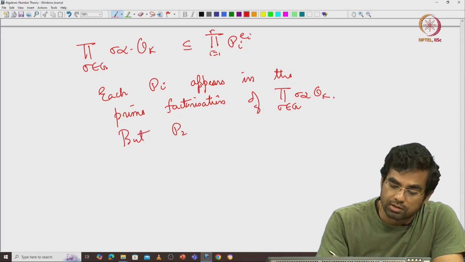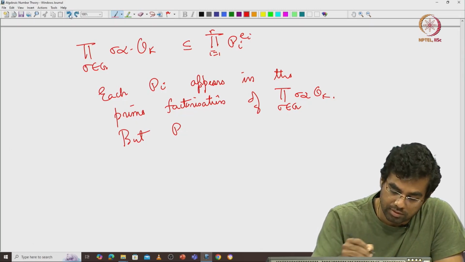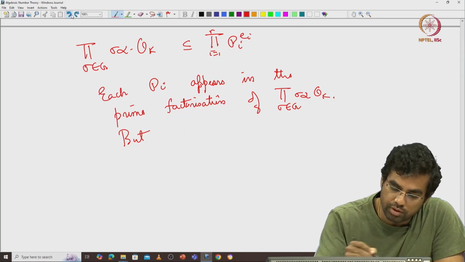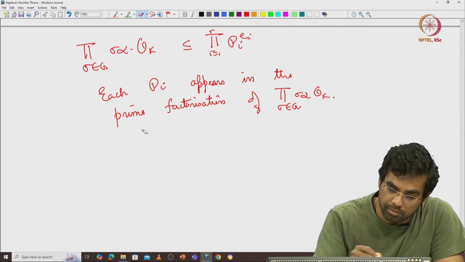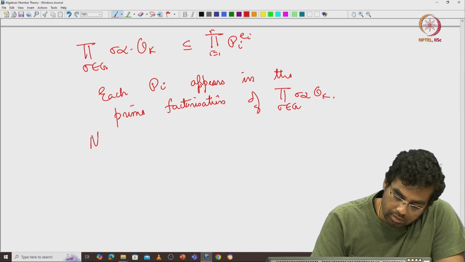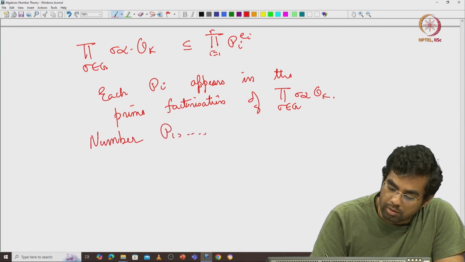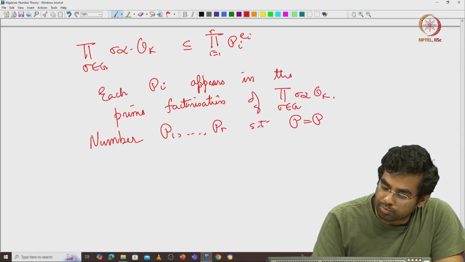We can number them, number P1 up to PR such that P is equal to P1.